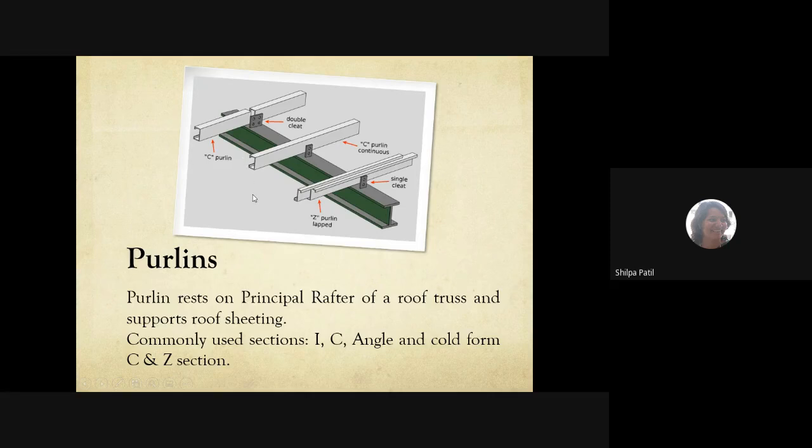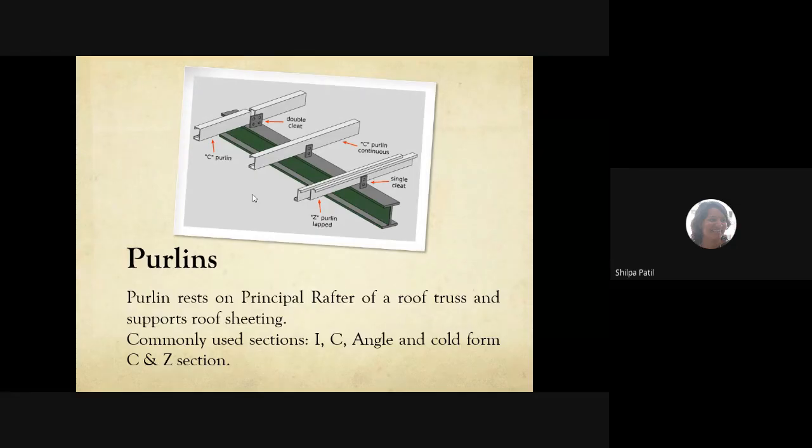When we use purlins made of hot rolled steel sections, we have very limited cross-sectional shapes, like I, angle or C. These are the only three shapes we use for purlins.